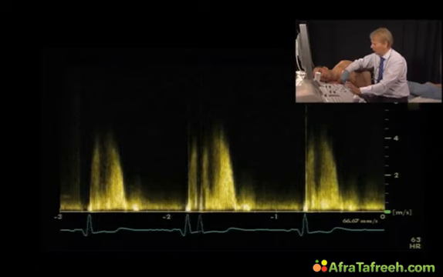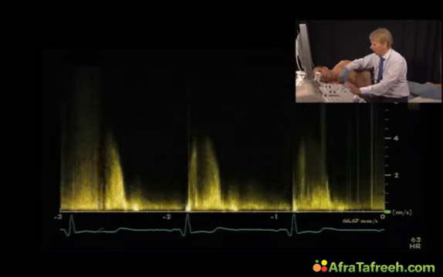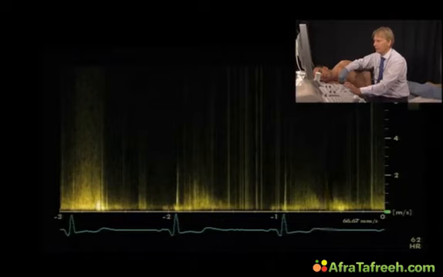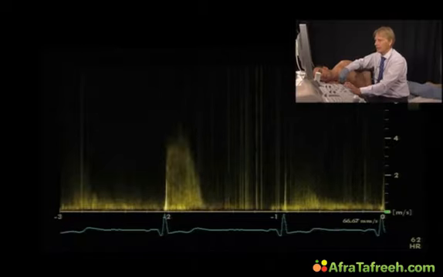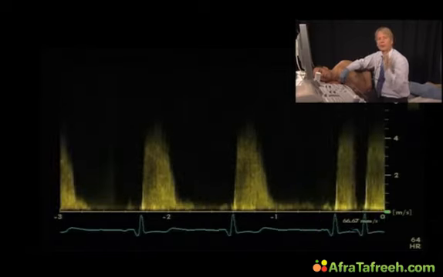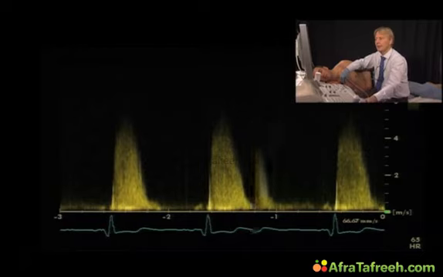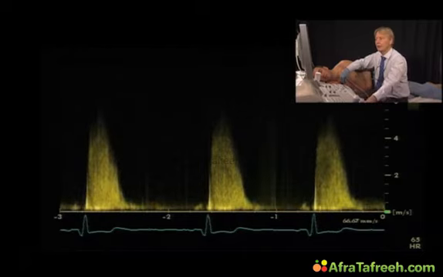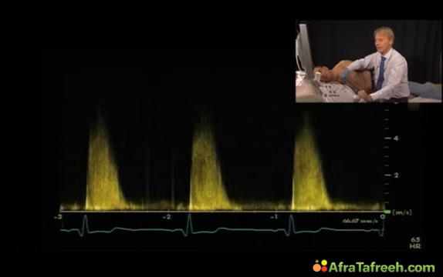So I will now move more cranial with my transducer position, and again adjust the transducer. It's very important to also listen to the signal, because this gives you more information about where you actually are than sometimes just looking at the image.